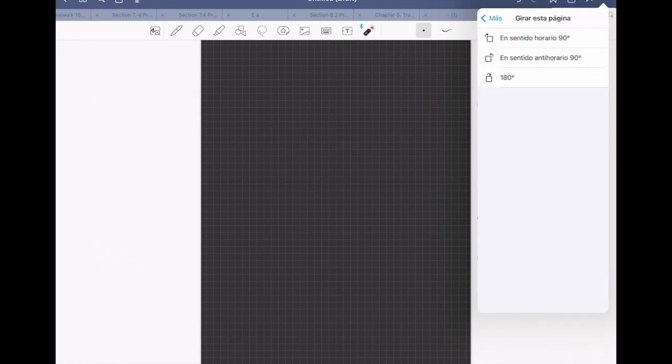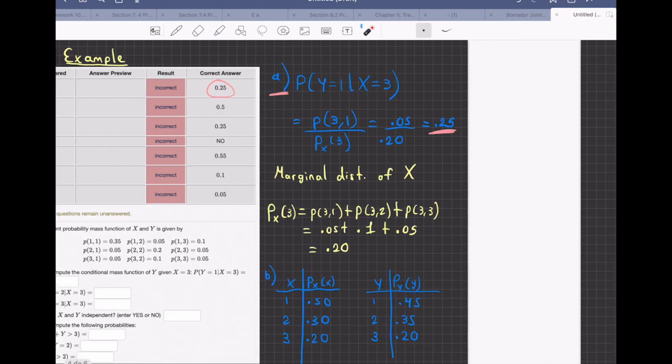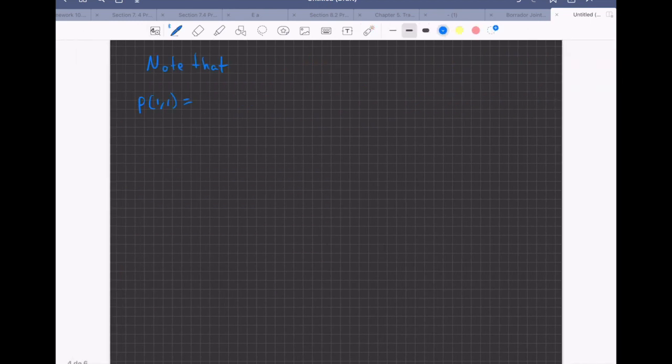Notice, take into account, for example, the value P(1, 1). P(1, 1) is 0.35. But this value is different from P_X of 1 times P_Y of 1.